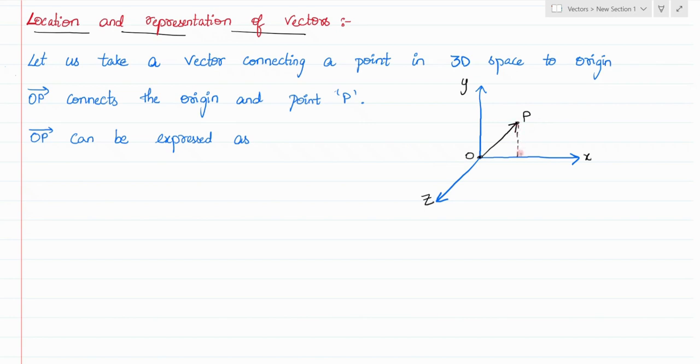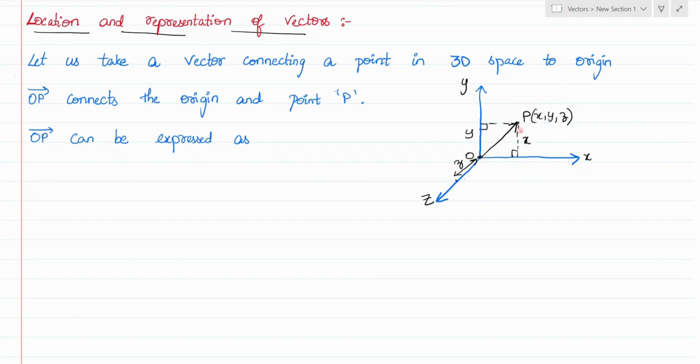When we draw a perpendicular to the x-axis, we get this distance, which is x. When we draw a perpendicular to the y-axis, we get this distance, that is y. As this is a 3D figure, we also have the z distance. So imagine in terms of 3D. If this is the point, till here it becomes the z distance. So P is x, y, z.